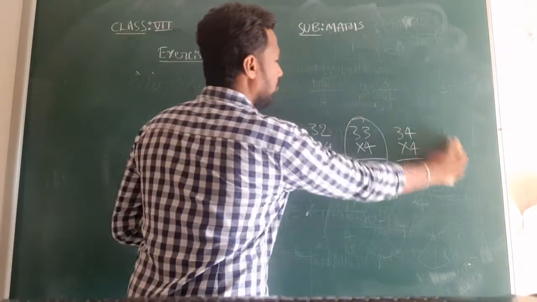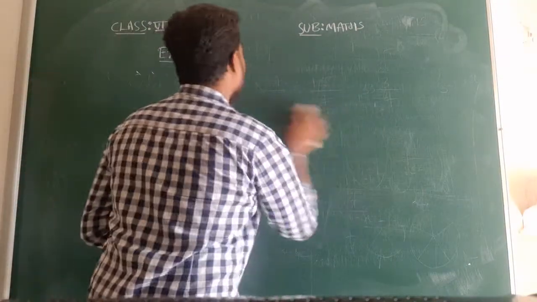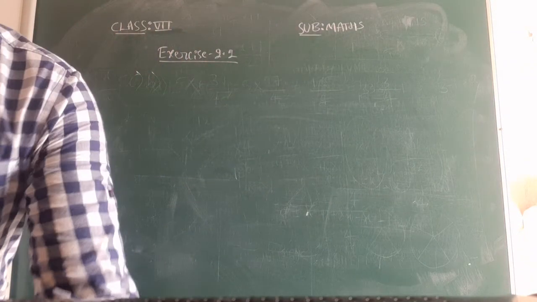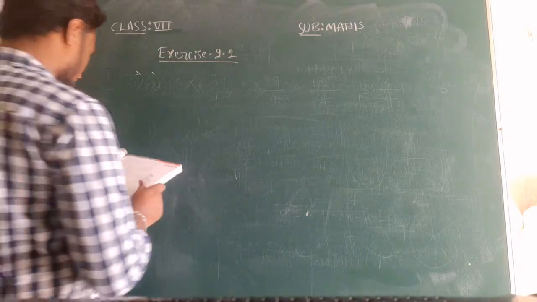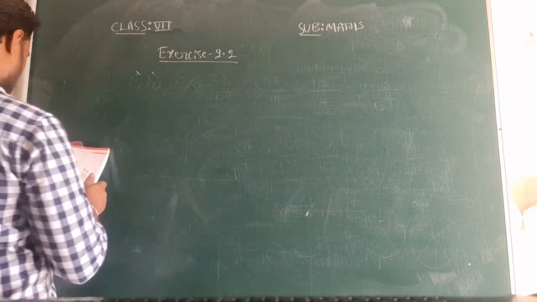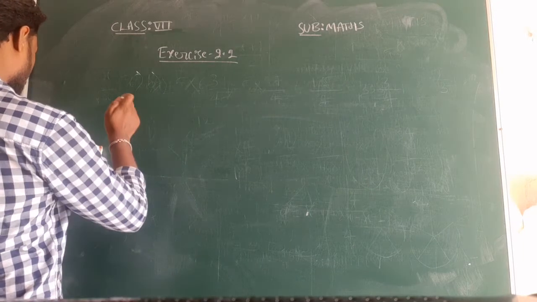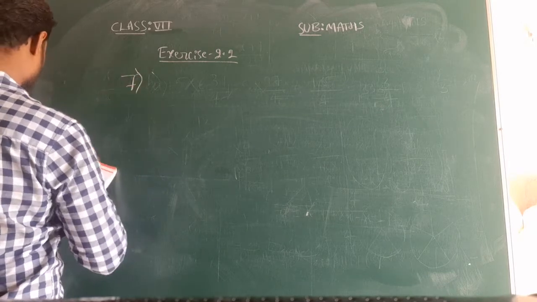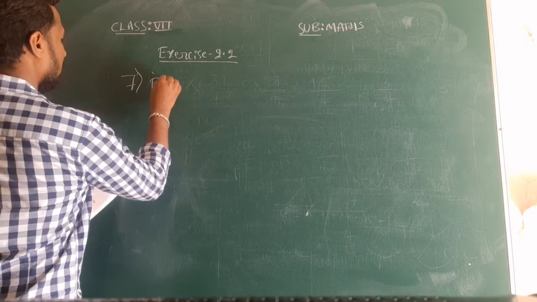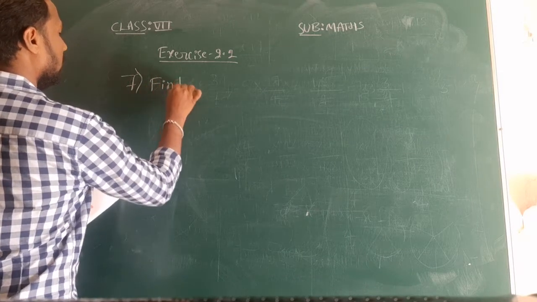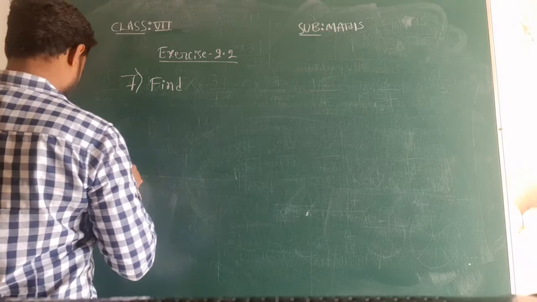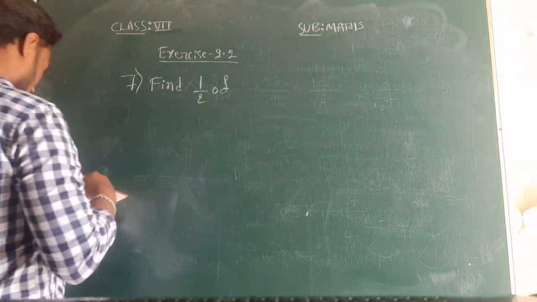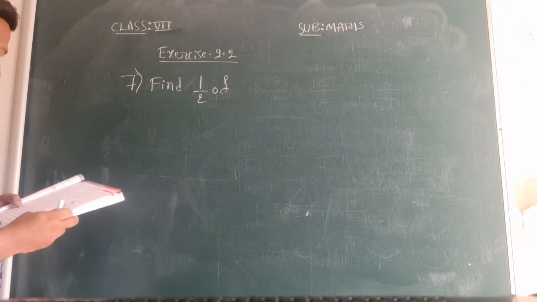Now I will continue with the 7th problem of this exercise. They have given 2 questions here, and I will discuss one of them. 7th main question: find 1 by 2 of. I have to find 1 by 2 of.